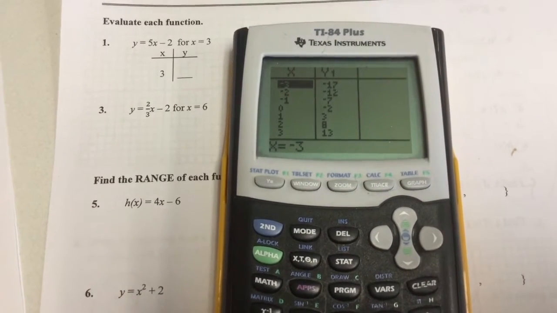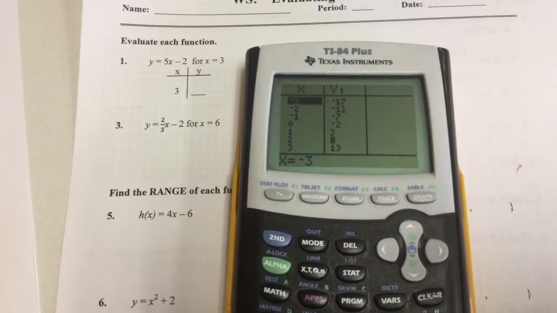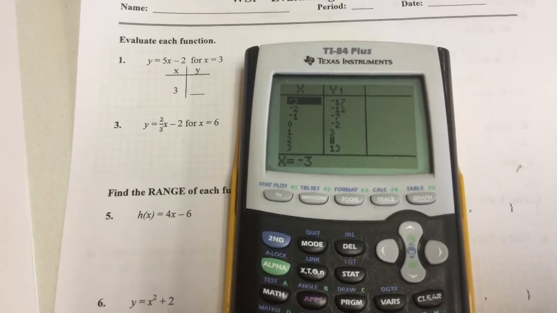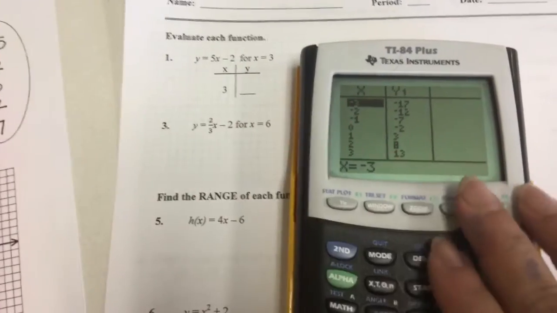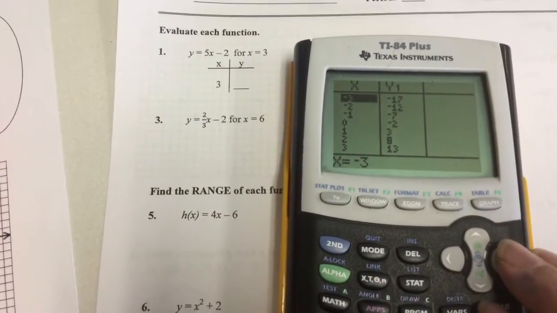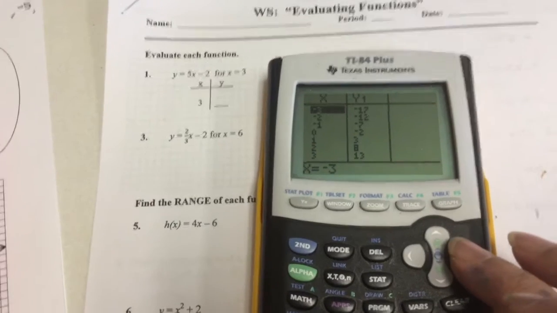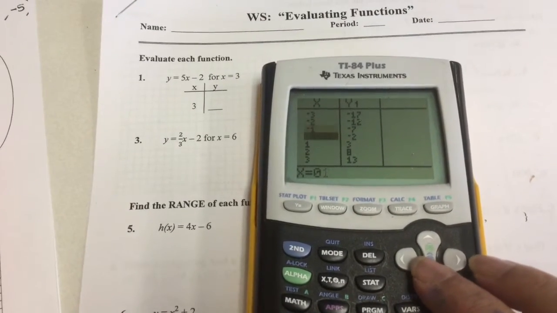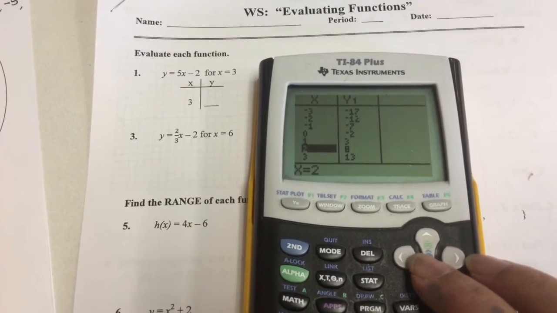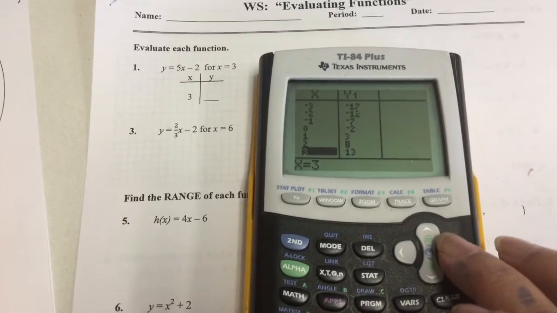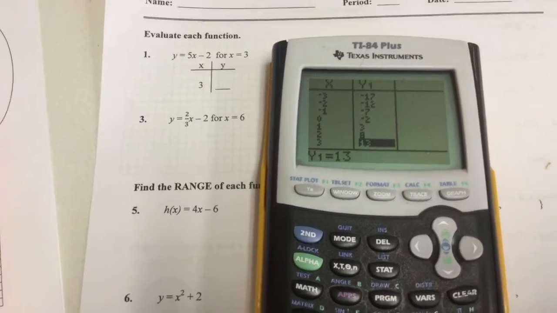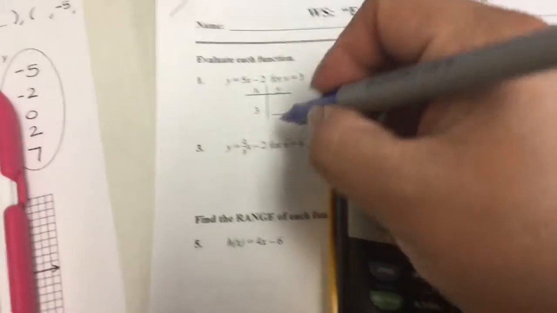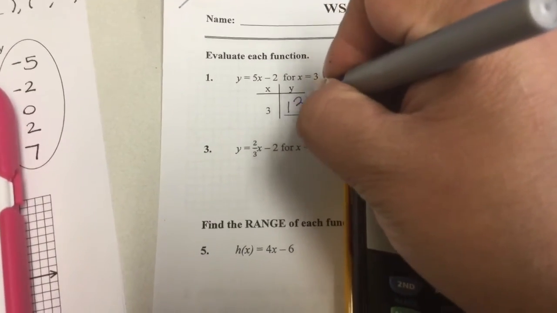You are going to be given a table on your calculator. So now, going back to my equation on my handout, when x equals 3, what do I get for my y? I'm going to scroll down. My y is 13. So I'm going to write 13 on the right column.